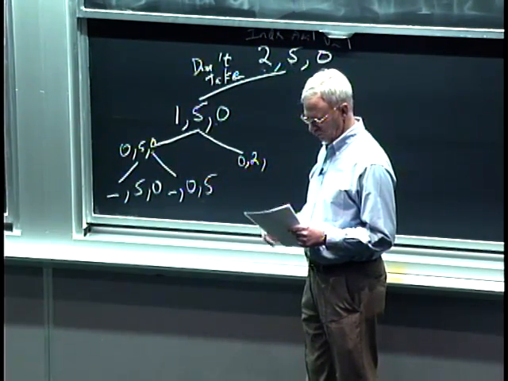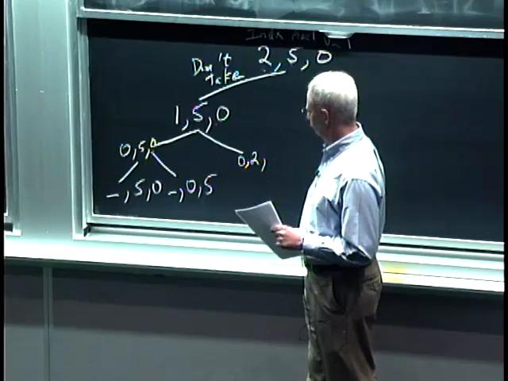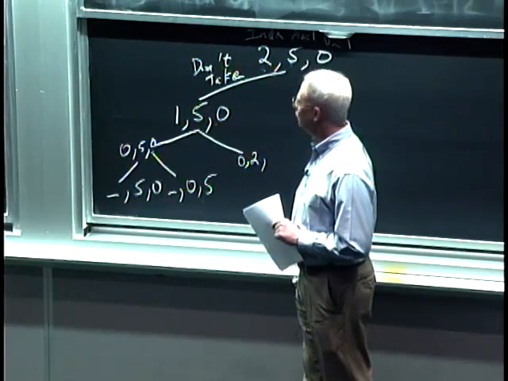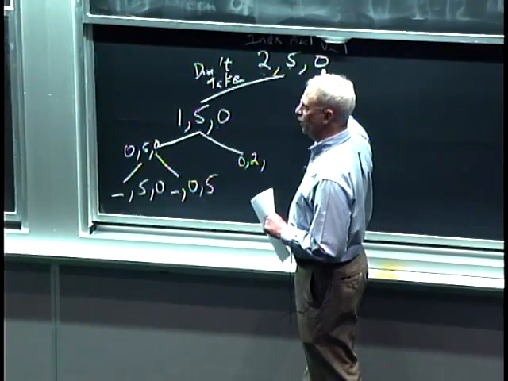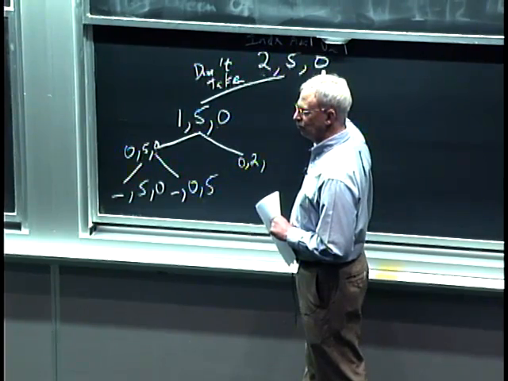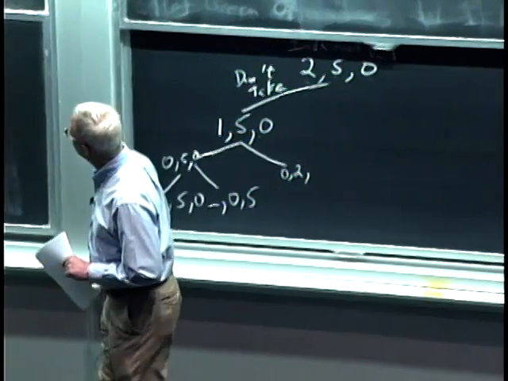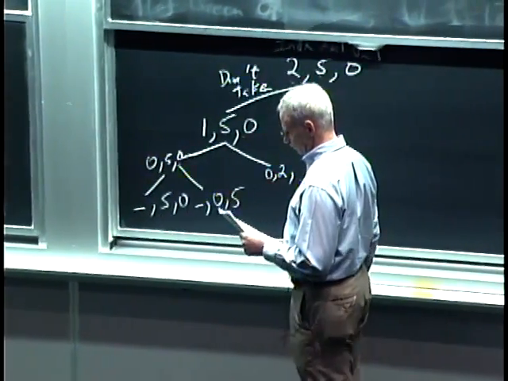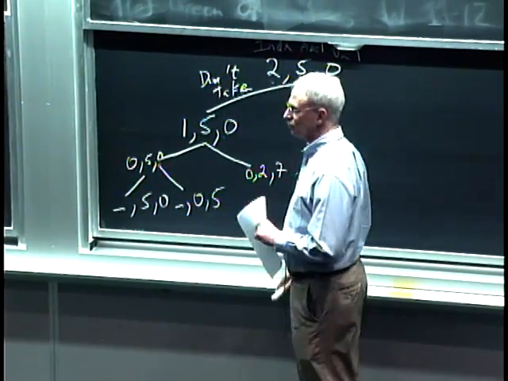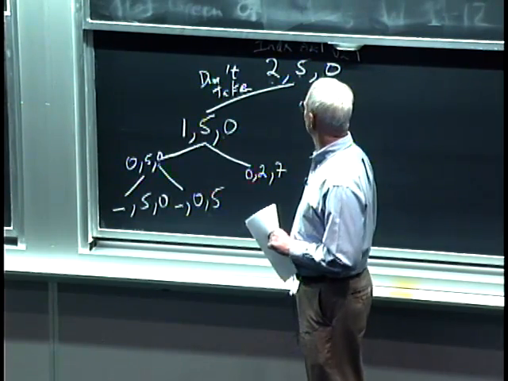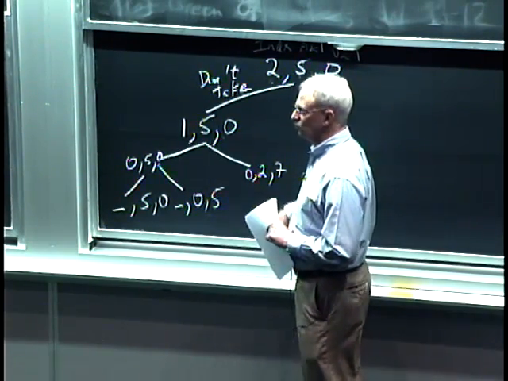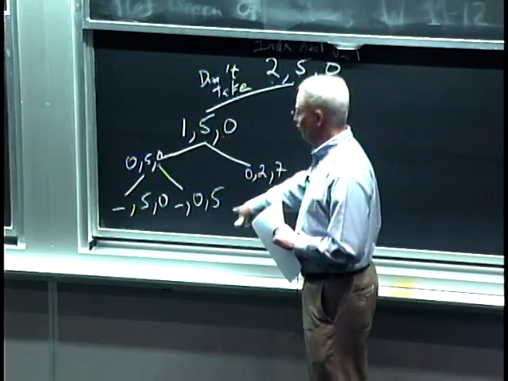And then? Pardon? There's a value here. What's this value? I've included item number 1, which has a value of 7, right? So, all right, now this looks like the winner.